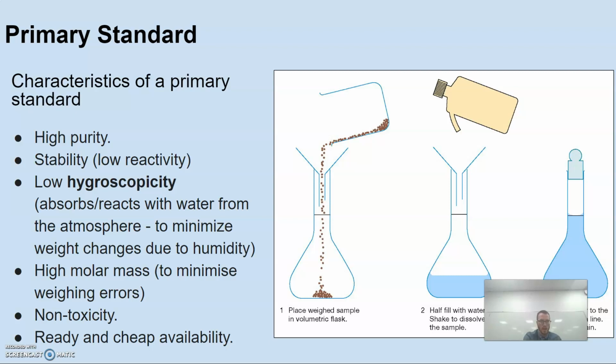Cool. High molar mass. If we have a high molar mass, our concentration errors due to weighing errors or uncertainties in our electronic balance are minimized. So if we look at, again, sodium hydroxide has a molar mass of what? 23 plus 16 plus 1. So we've got a molar mass of 40.